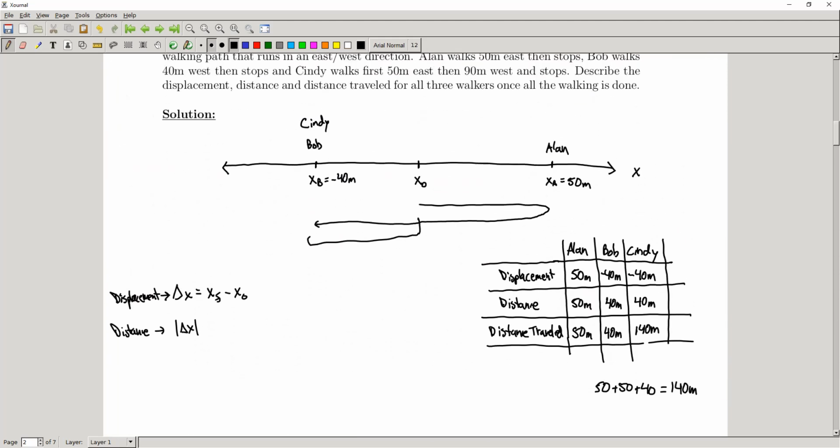If we're looking at where Bob is, how would we describe Bob in relation to our origin here? We would say that he's 50 meters in the positive direction away from the origin, right? So that's the position, and we need both of those values to describe it. We need to talk about the distance and the direction. Cindy would be 40 meters in the negative x direction, right?